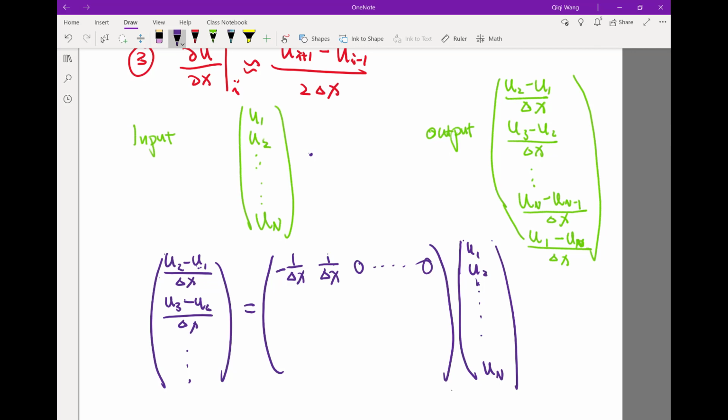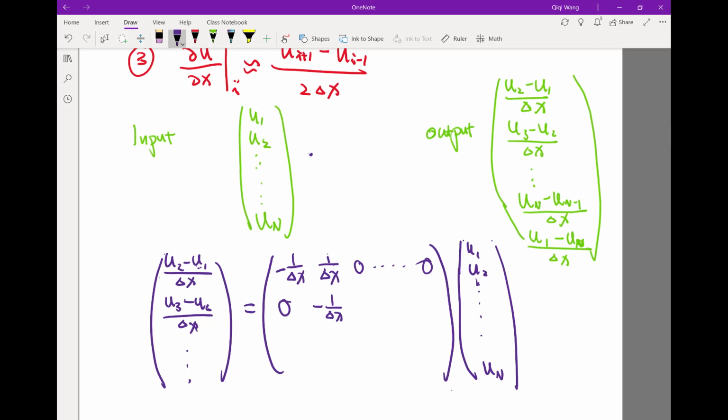How about the second row? It's the same except it's shifted over, exactly. So in this case, u1 actually doesn't appear in the second output, which means u1 is multiplied by 0, right? And then u2 here fulfills the same role as u1 in the first output. So u2 would be multiplied by the same coefficient as u1 in the first row, which means minus 1 over delta x.